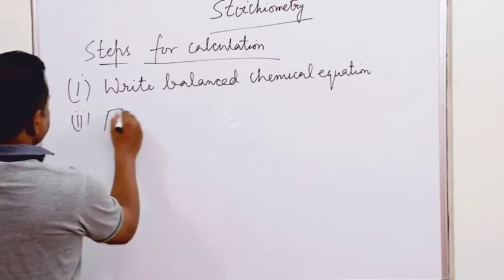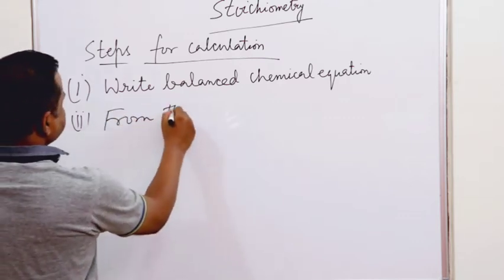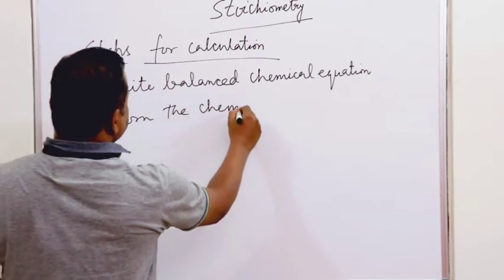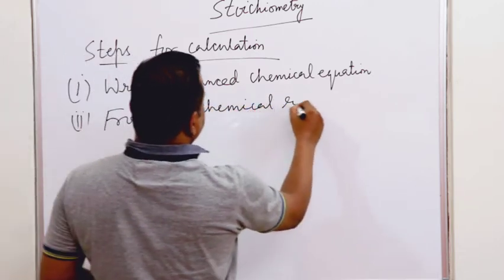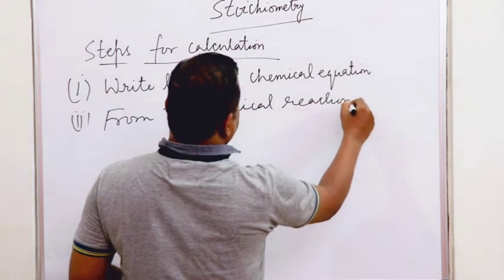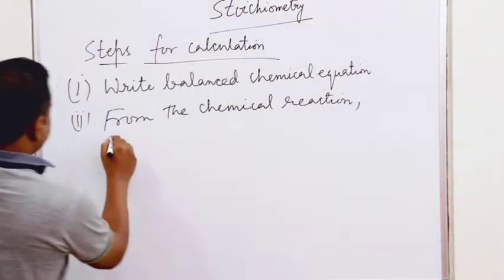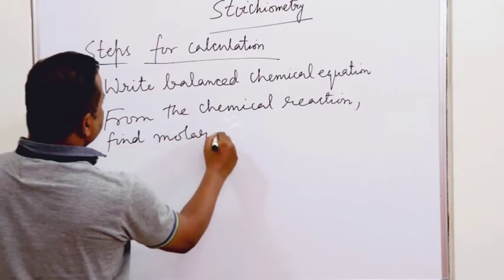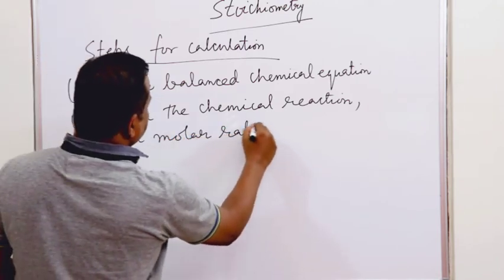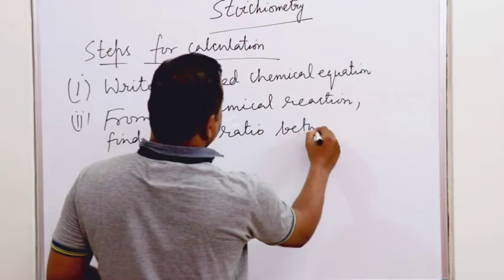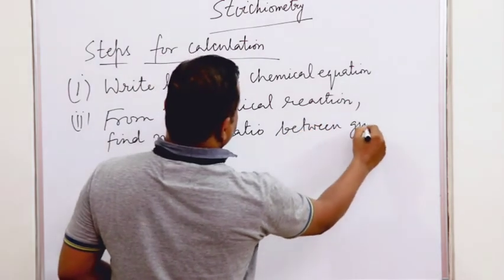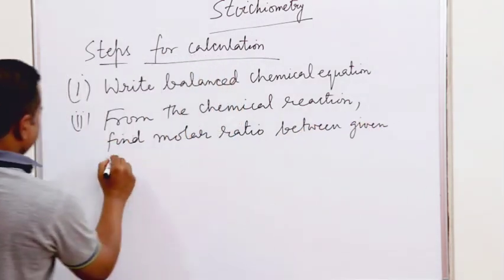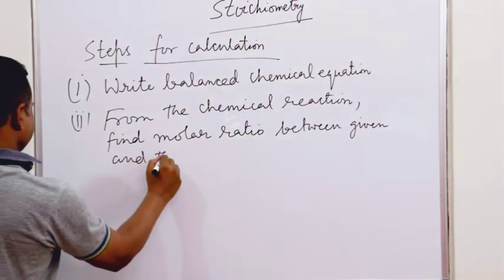Now, second step is from the chemical reaction, find the molar ratio between the given and the required substance.